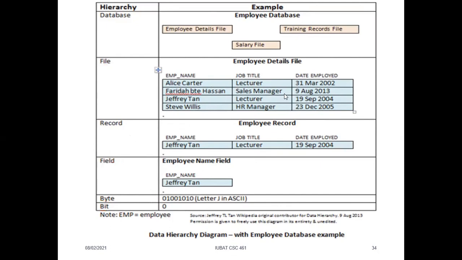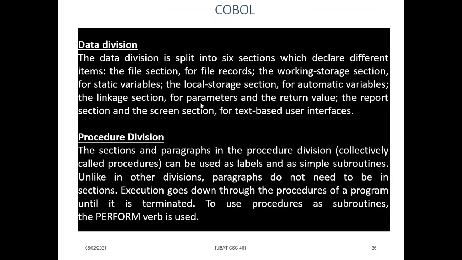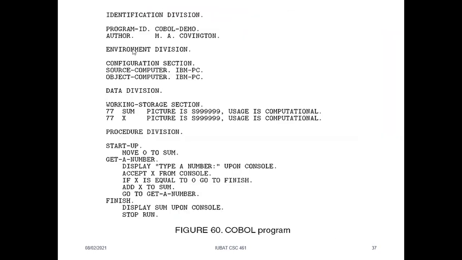To manage this hierarchy, they divided the whole program into four divisions. The first is the data division, then the procedure division, then the environment division, and finally the identification division.